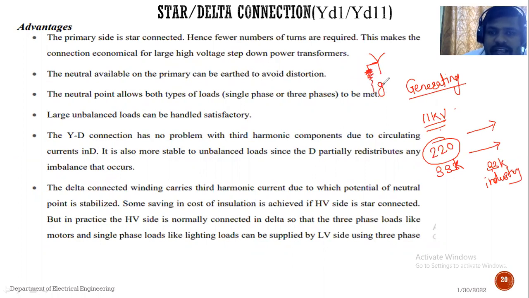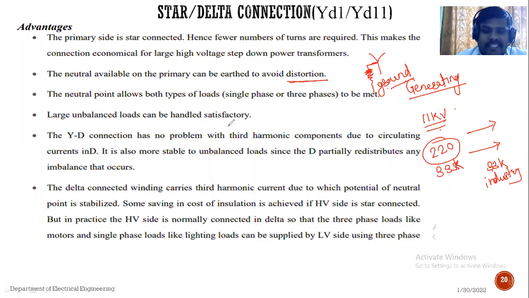If we connect this terminal to the ground, then we will avoid the distortion. That means if it is connected to ground, then the oscillating component of the current or the third harmonic component will be reduced, and distortion in the supply voltage will not happen.